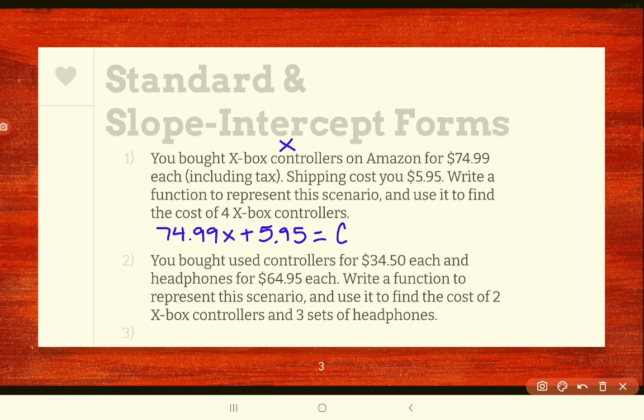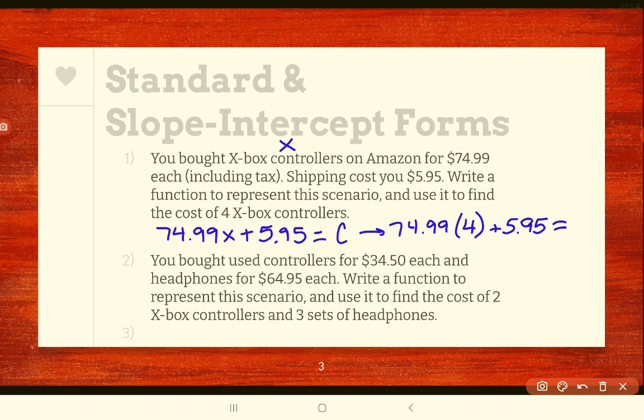Here's the next part. It says use this equation now to find the cost of 4 Xbox controllers. Well, if I bought 4 of them, then that means I just plug in 4 for x. So $74.99 times 4 plus $5.95. And then I grab my calculator. I type that in.